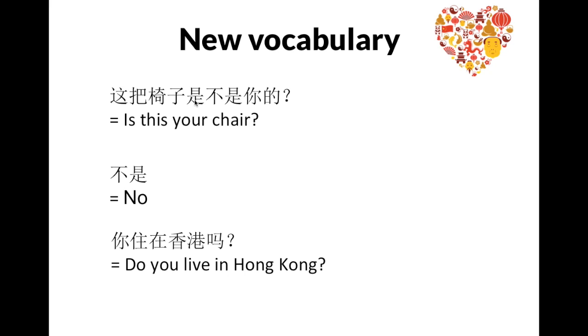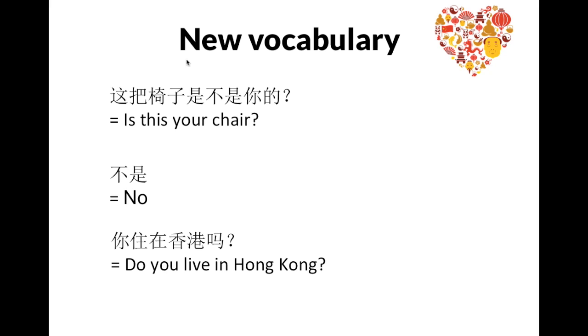这把椅子是不是你的? So this measure word, chair, 这把椅子是不是 is not 你的 your. So this is the type of question I was talking about earlier, where you simply state the 2 alternatives that the responder can choose from.